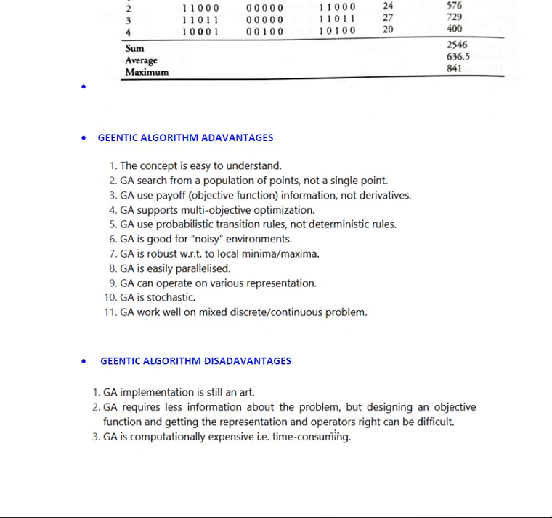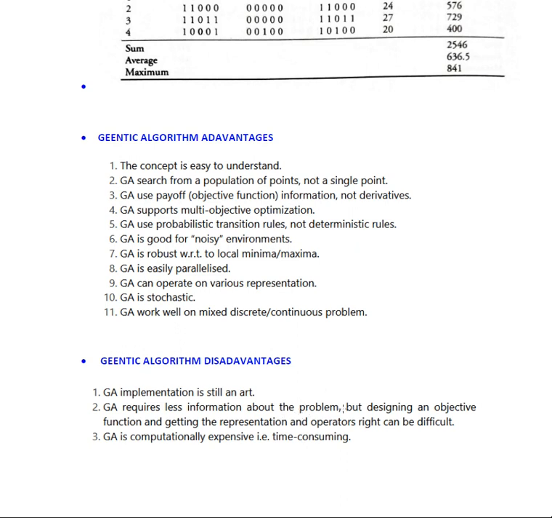But on the other hand, when you look at the limitations, it suffers from certain factors. The genetic algorithm is not suitable for simple problems because it needs a particular art to implement its design structure model.